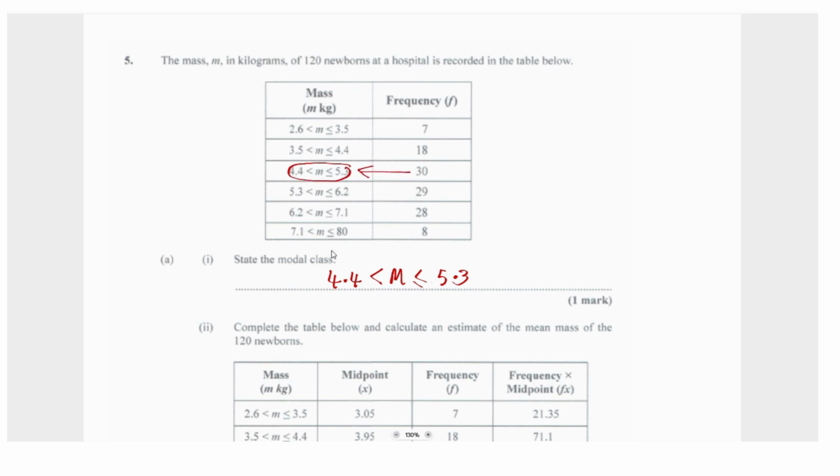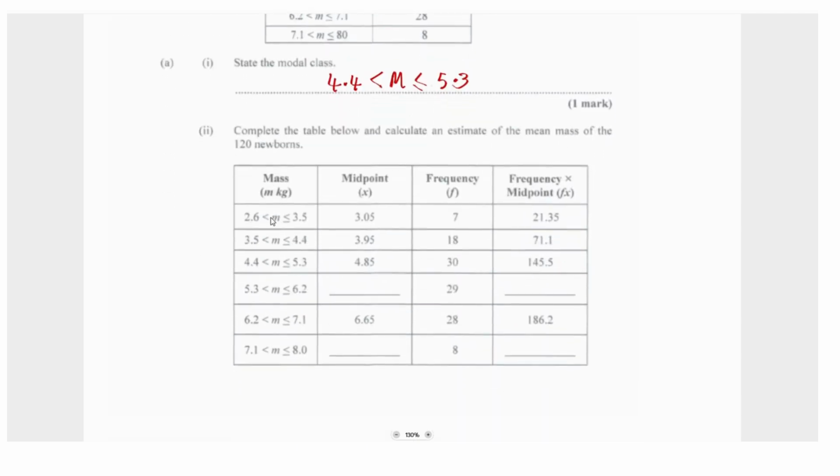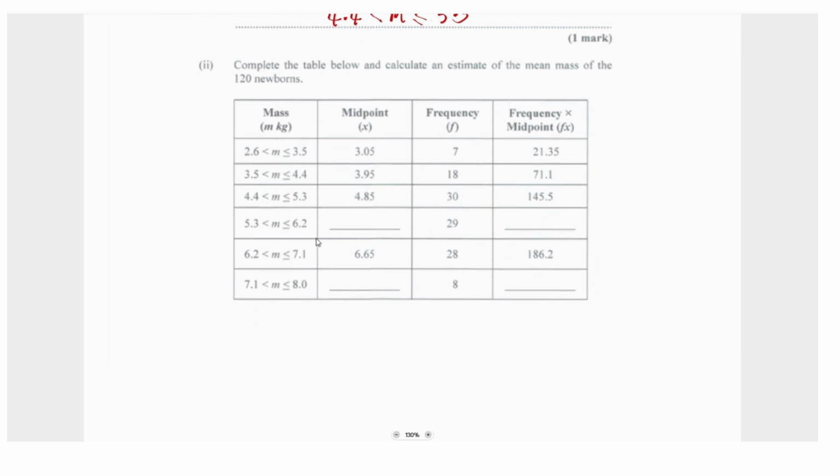Okay. Part 2. Complete the table below and calculate the estimate of the mean mass of the 120 newborns. So we want to work out the midpoint here. So what we do, we need to add these two values and divide it by 2. So 5.3 plus 6.2, that's 11.5, and we divide that by 2, so we get 5.75.